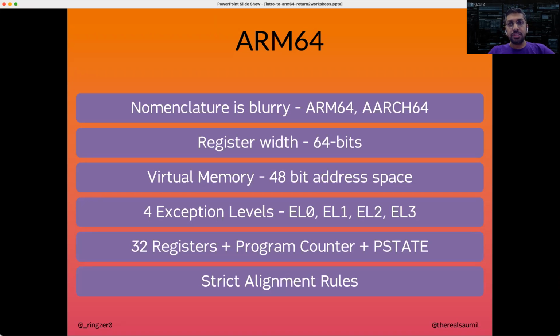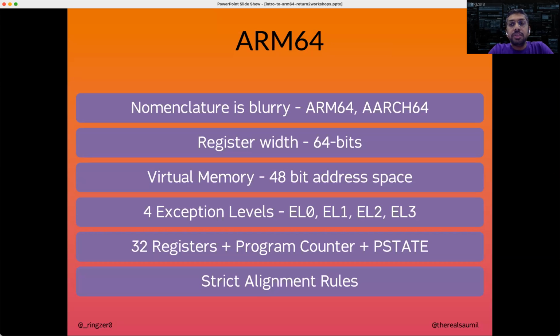As far as registers are concerned, the ARM64 CPU has basically 32 registers and a program counter and the flags register, which is called PSTATE, process state. We'll see a little bit of detail about these registers in the next few slides.